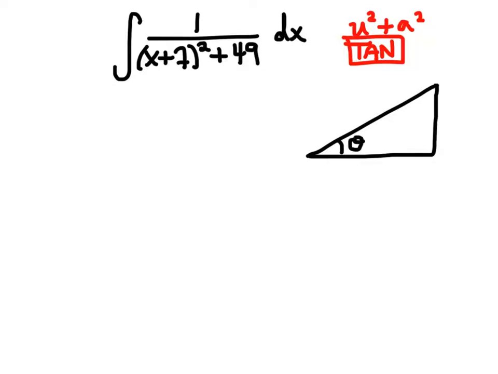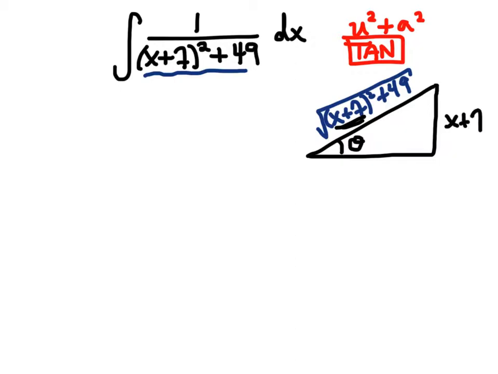So we take that denominator here, and that becomes the hypotenuse of your triangle when you introduce a square root to it as well. And to round out the triangle, your height will be this piece, which is x plus 7, and your base will be the square root of that piece, which is 7.